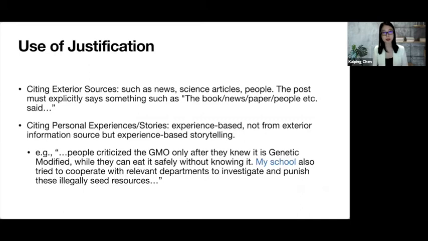In terms of the use of justification, we particularly look into two types. One is the use of exterior sources, such as news, science articles, and people, any type of news sources. We don't verify whether the source is true or false, as long as it cites any exterior source. The second type is personal story narrative, which a lot of posts use to justify their opinion about GMO.